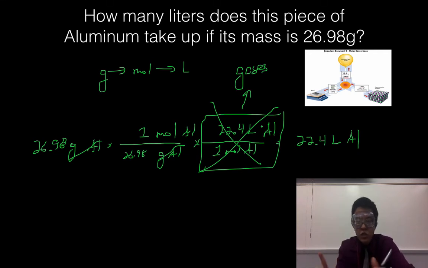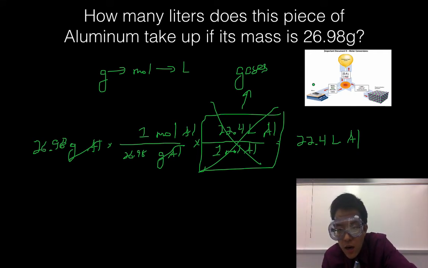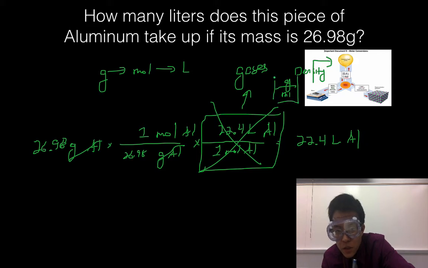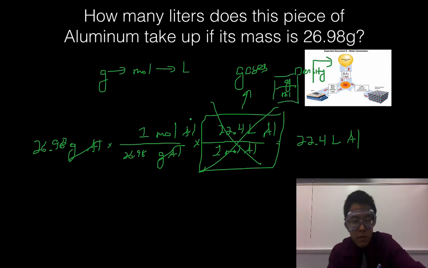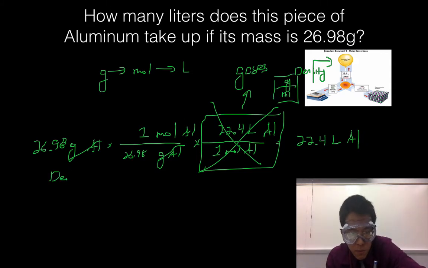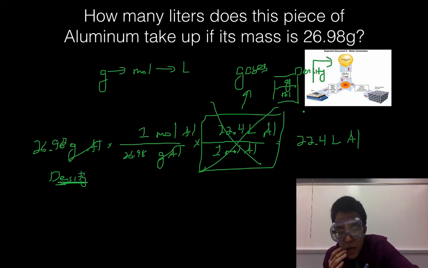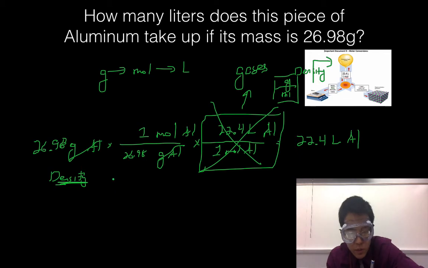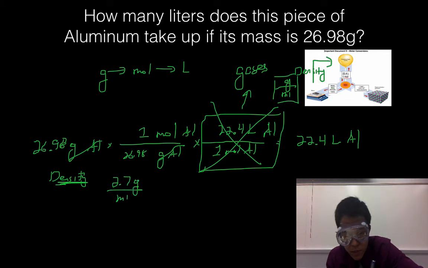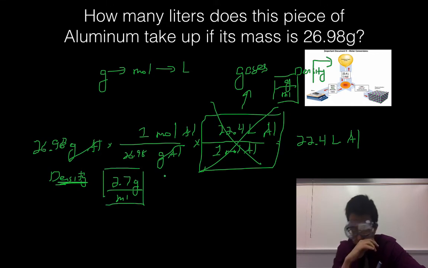Instead, if I actually want to do this conversion, which I often do, I need the density. Remember, the density gives me the grams per milliliter, and that's going to allow me to do this. So let me calculate this the proper way. What I need is the density, and the density for aluminum, if I look on my chart, is 2.7 grams per milliliter.